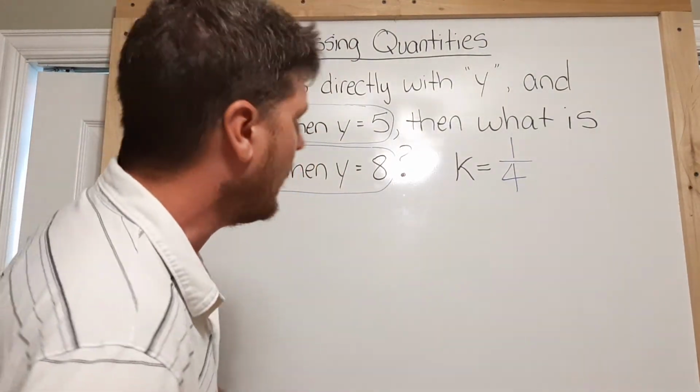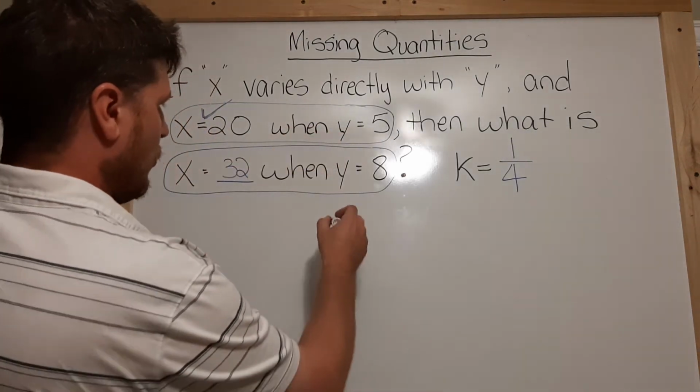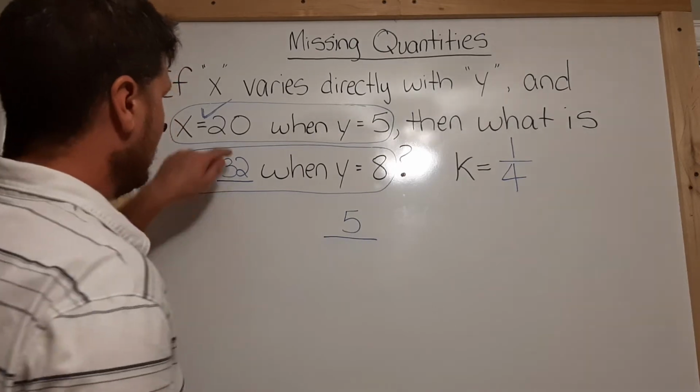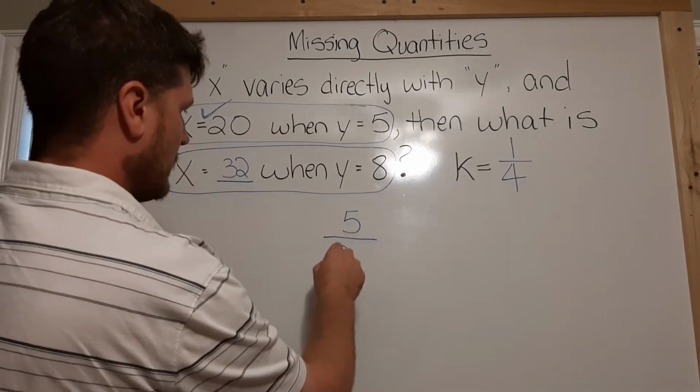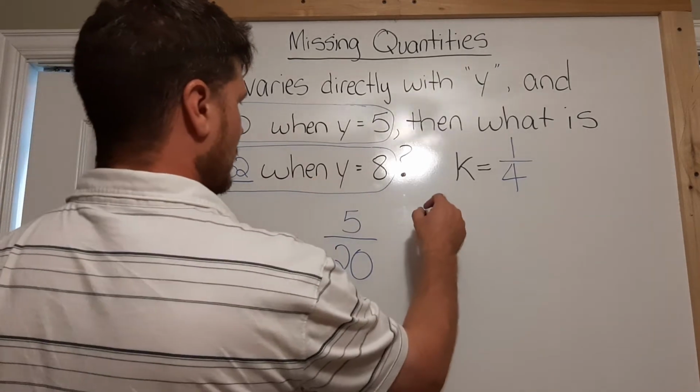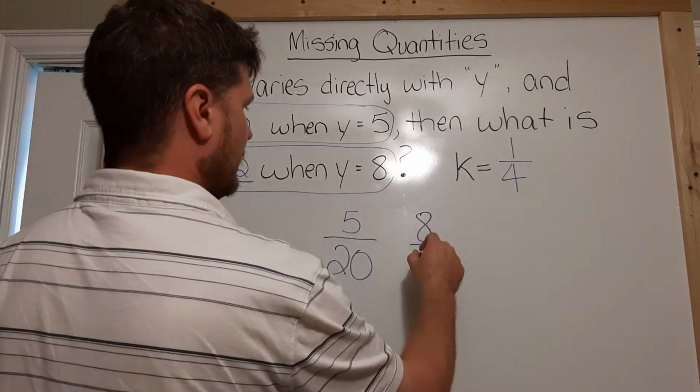So let's go ahead and check it out. We got y equals 5 and x equals 20. And then we also have the other ratio, which is 8 and then 32.